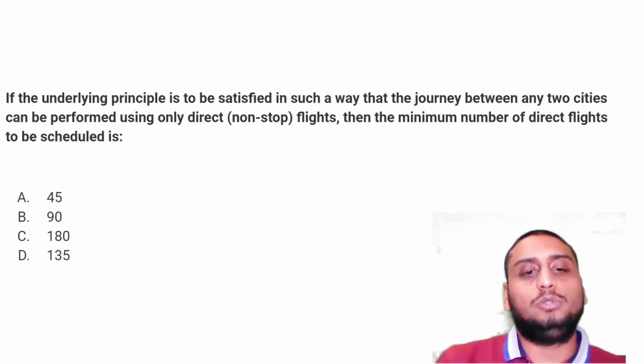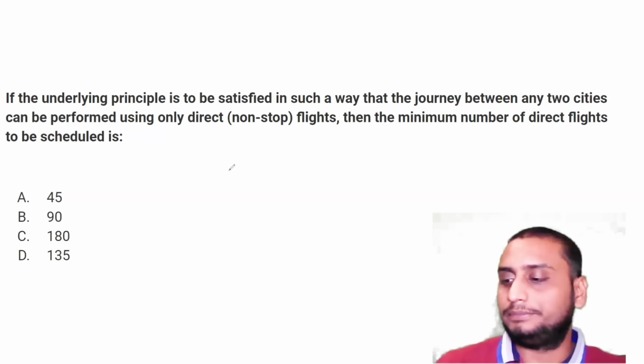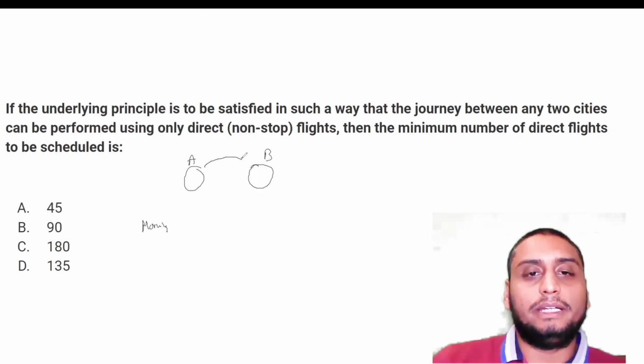Now, let us do it manually first. Let us see if your answer is correct. By that logic, if there are two cities, let's say this is A and this is B. In the morning, there should be one flight from here to here and one flight from here to here, so one each.